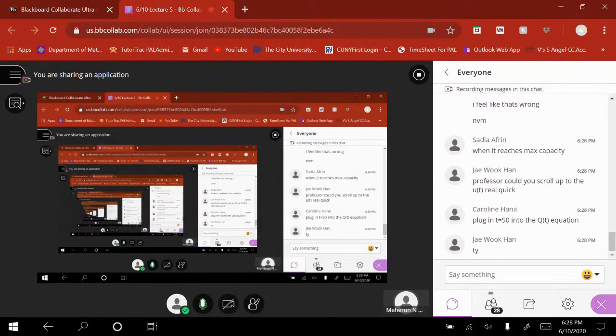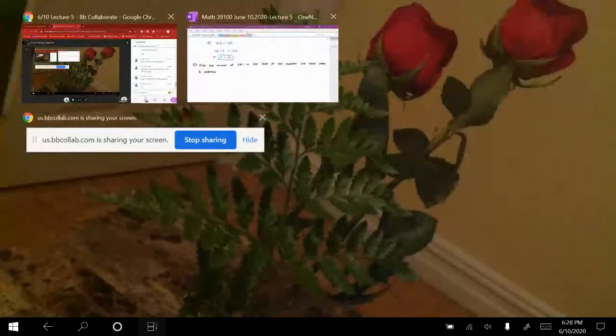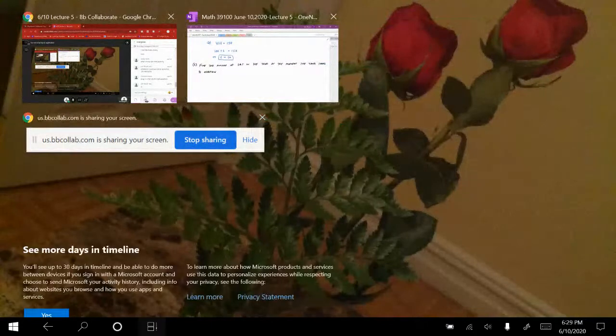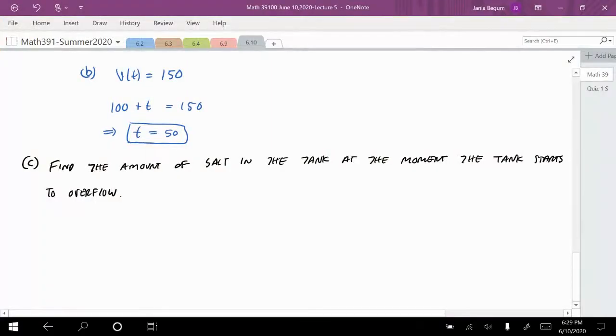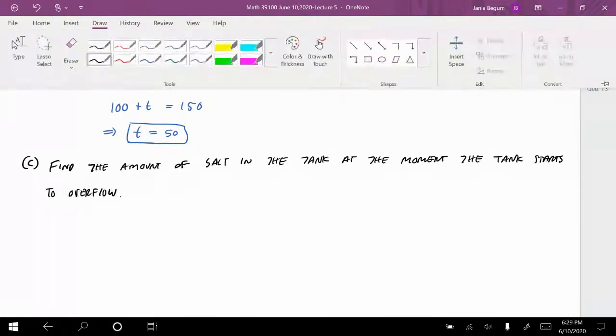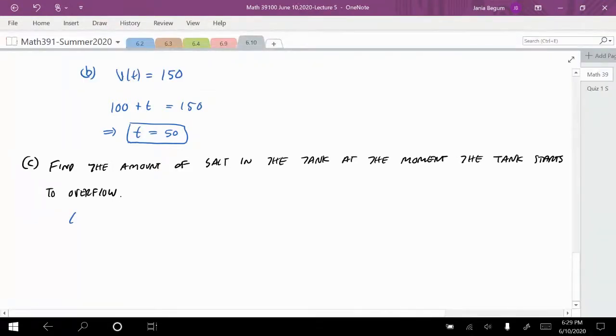Plug in T equals 50 into Q of T. We already know the function that measures how much salt is in the tank, that's Q of T. From part B, we know it's going to start to overflow when time is 50. So we want Q of 50, and that will tell us the amount when it starts to overflow.